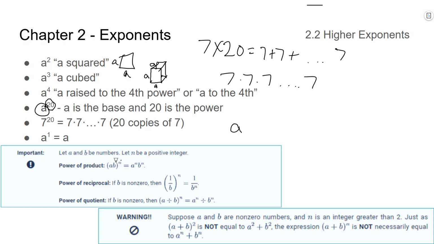All right, a couple other things here. So we can kind of see that if we have a, b, both to the n power, then we can sort of, it's not called distribute because this is not addition, but we can apply that n to both of those. So a to the n times b to the n. We sort of discussed this in the last section. If we have a reciprocal here, and so we have b in the denominator here, then we would get b to the n.